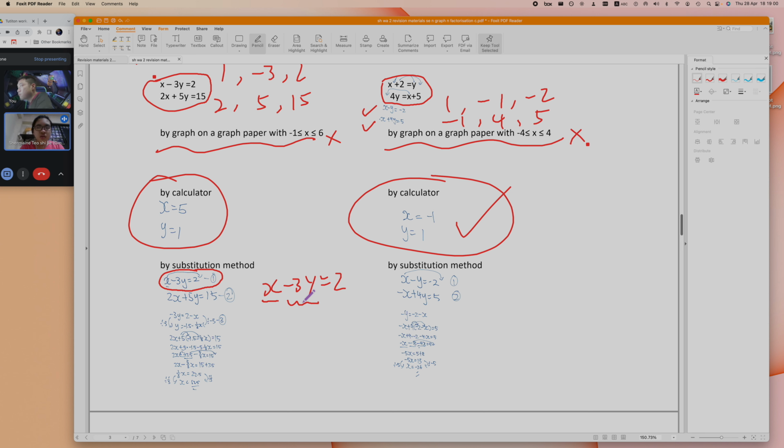Minus 3y. Yes, that's why you are wrong. In fact, the minus 3y is easier for you to move. Why? Just look. Done already. So the next step is you sub this one into this one.